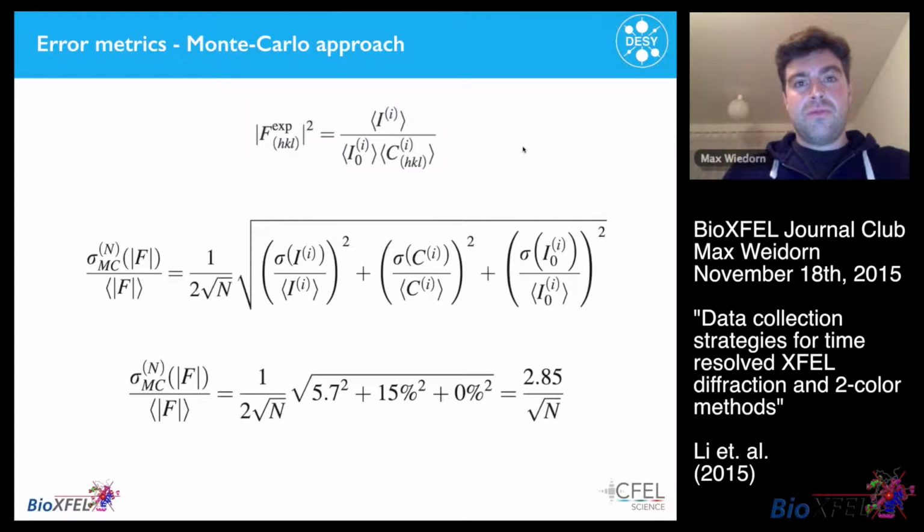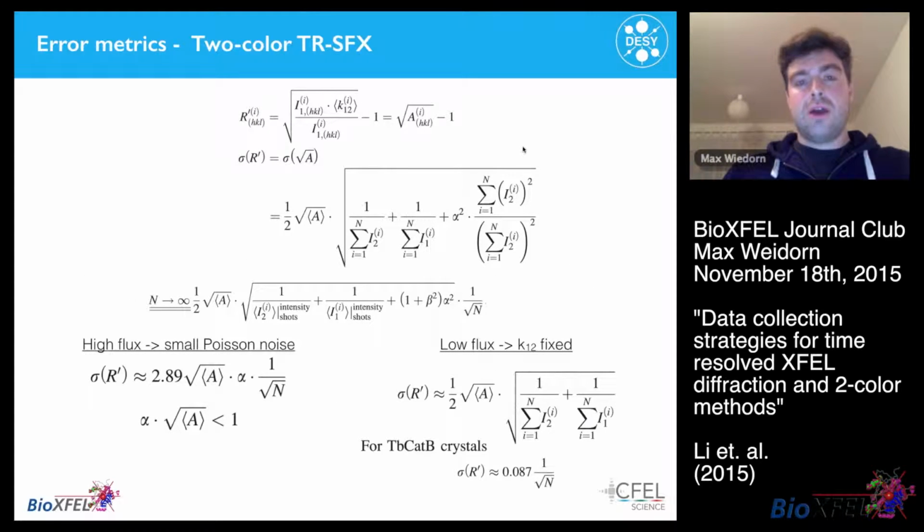But what happens if we go to the two-color approach, where, if we recall, the difference in the structure factor is pretty much square root of A minus 1. So the error is just proportional to the square root of A. And if you do the error propagation there, you end up with a rather nasty formula.